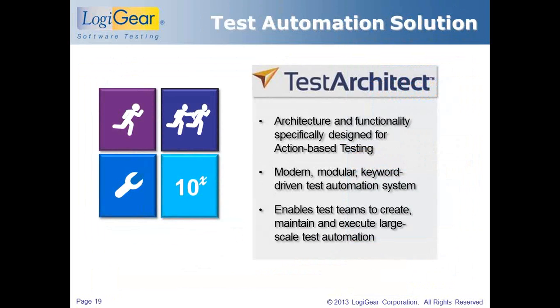This is the Enterprise edition. And it's an architecture and functionality specifically designed for action-based testing, lets you put together a keyword-driven test automation system, and it helps teams create and maintain a large number of enterprise-level tests for your test automation environment.